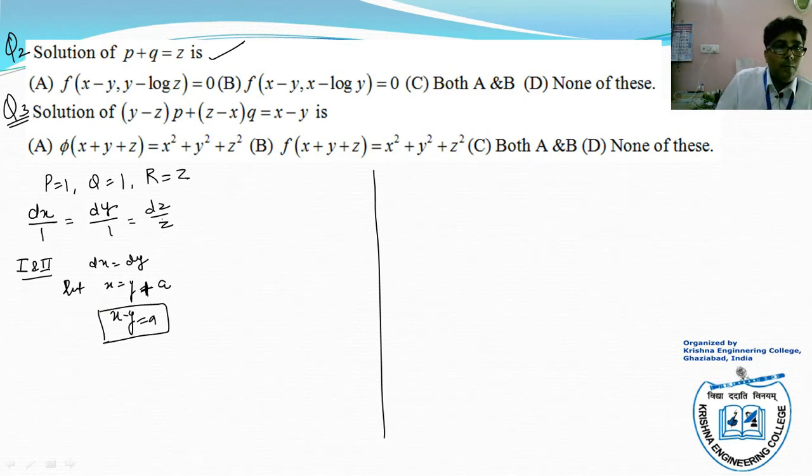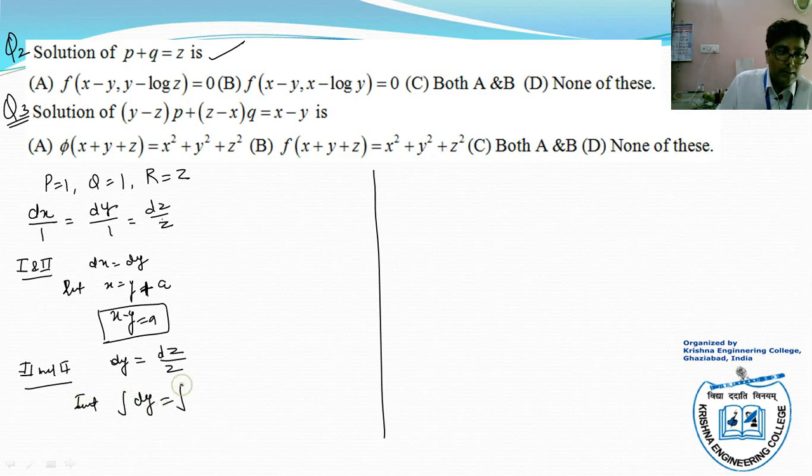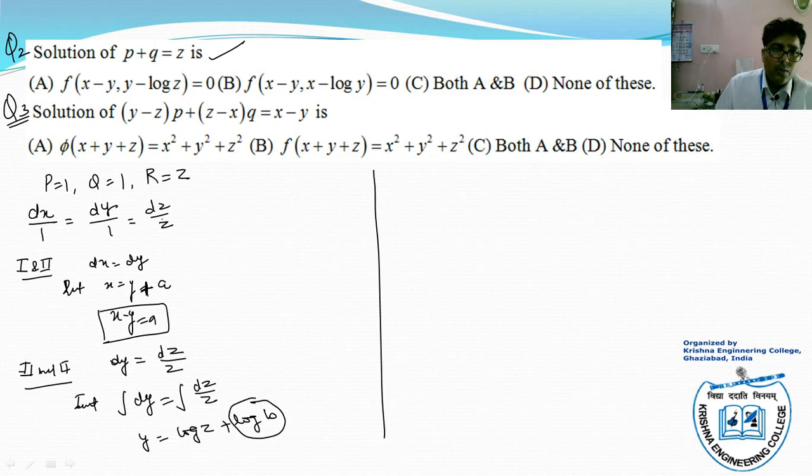Taking the second and third ratio. In this case, dy is equal to dz upon z, integrating dy and dz upon z, then y is equal to log z plus log b, or take a constant, simply b.